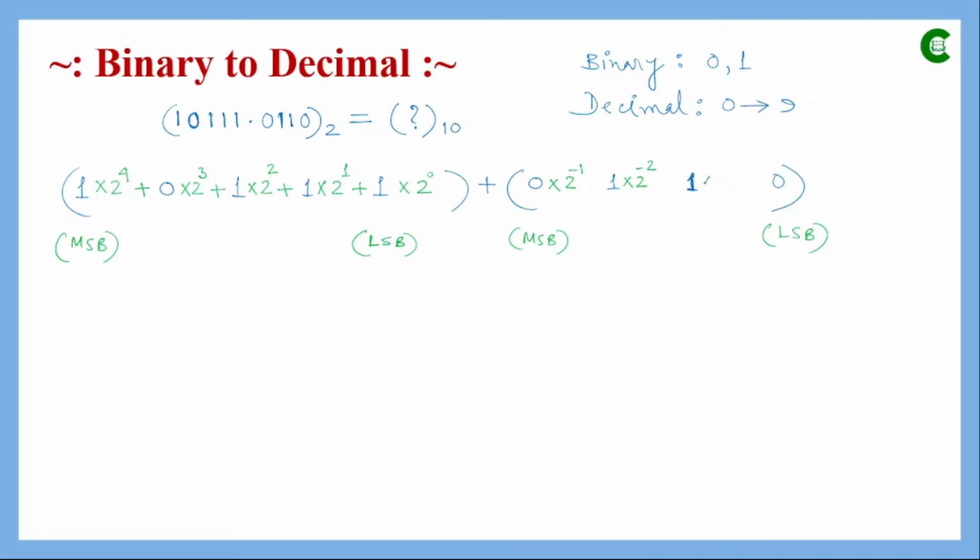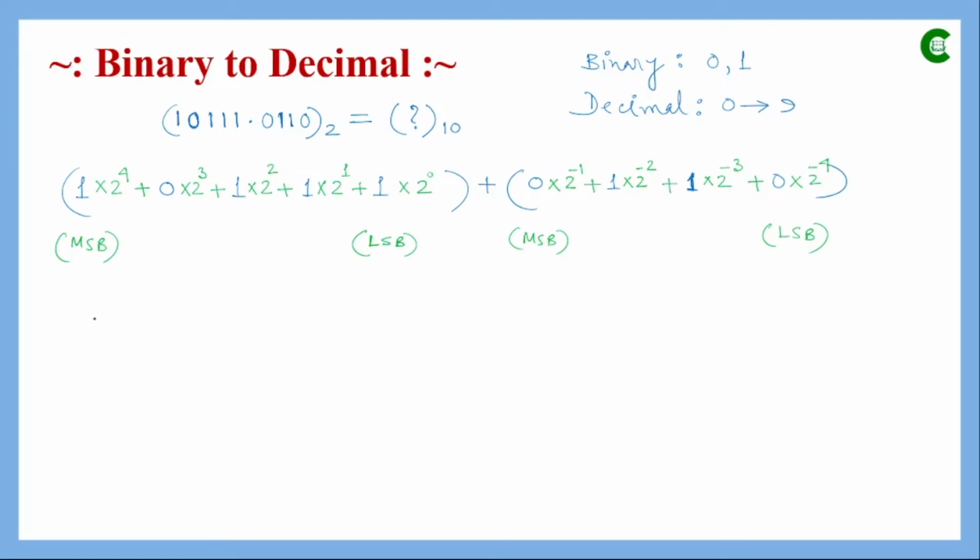So this 1 will be multiplied by 2 to the power minus 3, meaning 1 is divided by 2 to the power 3. Next this 0 will be multiplied by 2 to the power minus 4, and then again we will add all these terms.